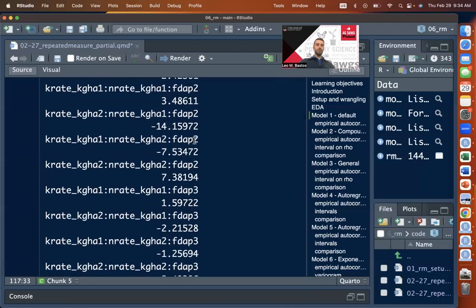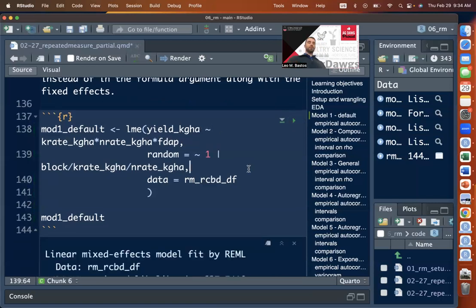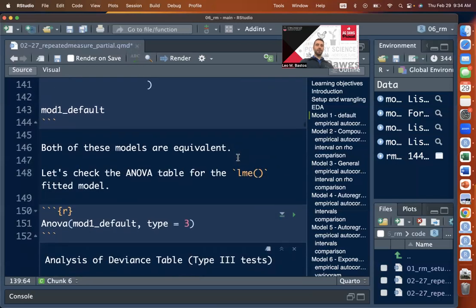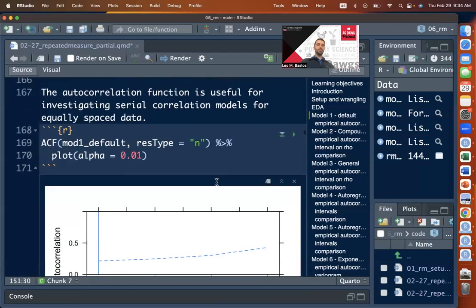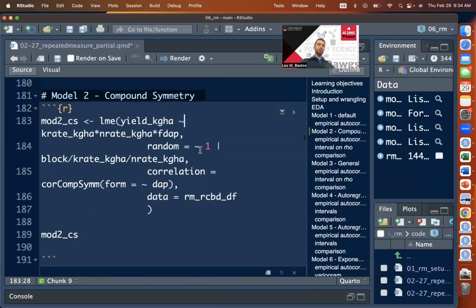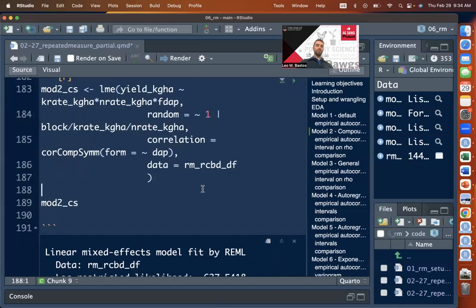Then on the next chunk, you do want to run the mod1 default. That's going to be our baseline for comparison purposes. Make sure you have that object in your environment. You can skip ANOVA. We're not creating any objects there. You can skip ACF. Make sure you run mod2 CS as well, as that was one of the models we ran.